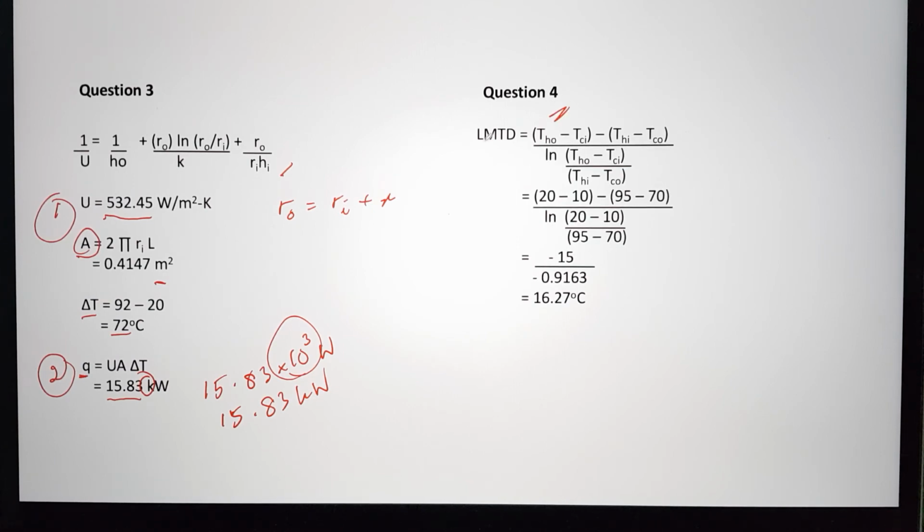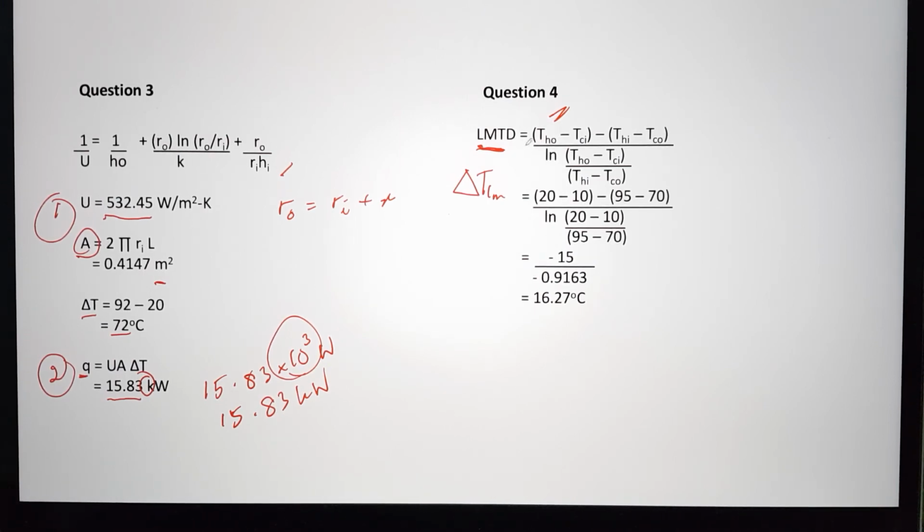Question number 4 is the calculation of LMTD. This one you can either write as LMTD or as delta TLM. It carries the same meaning. Remember I have explained in the video for chapter 6 how to simplify this particular equation of LMTD.